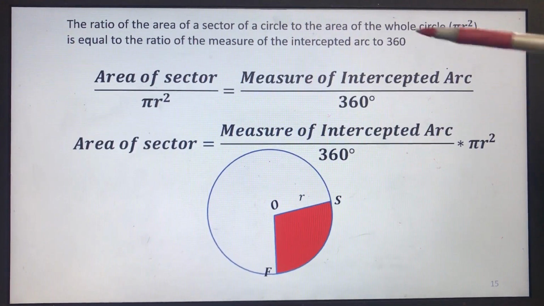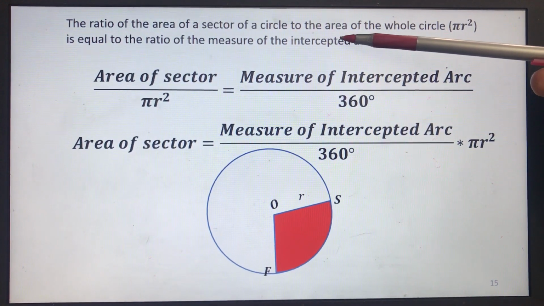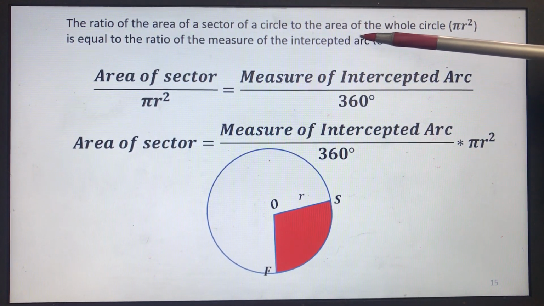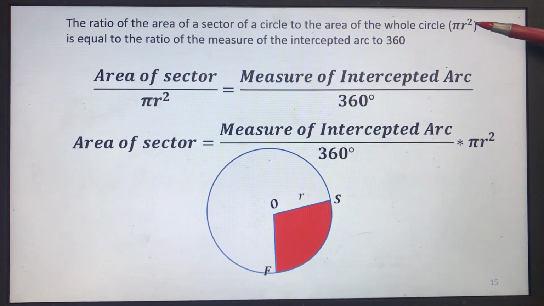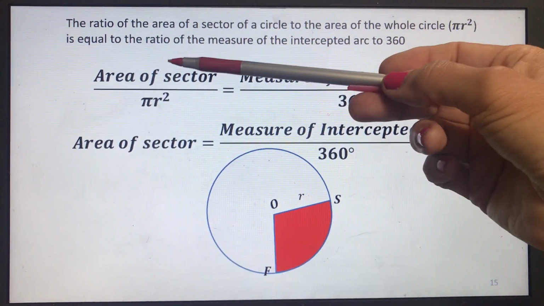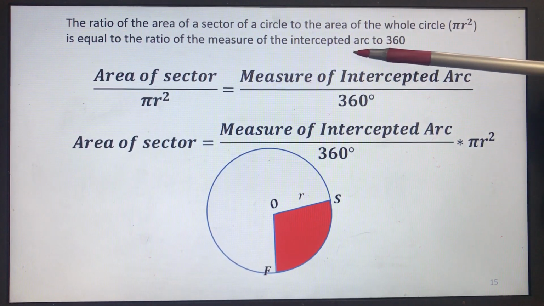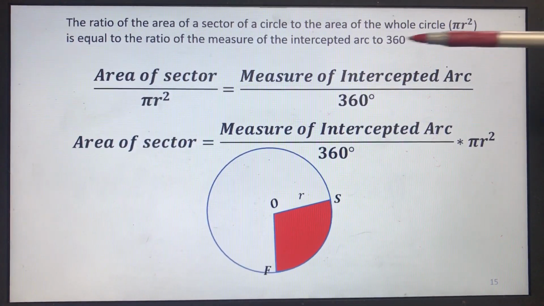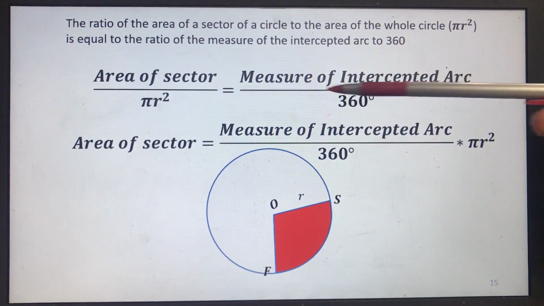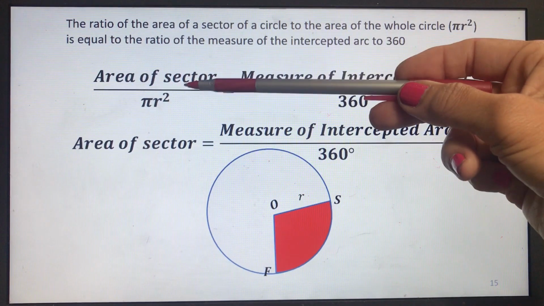Now, the ratio of the area of a sector of a circle to the area of the whole circle, which is pi times r squared, is as the ratio of the measure of the intercepted arc is to 360. So here we have a proportion, and by definition, a proportion is going to be represented by our equality sign. To the left side, we have a what?